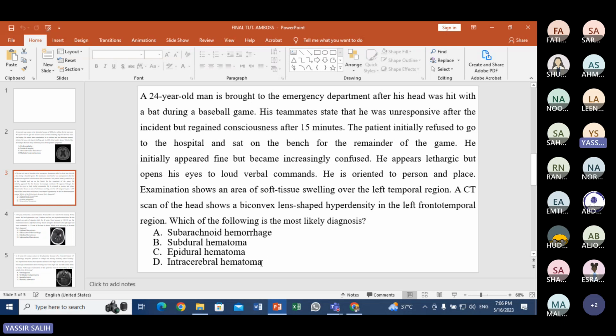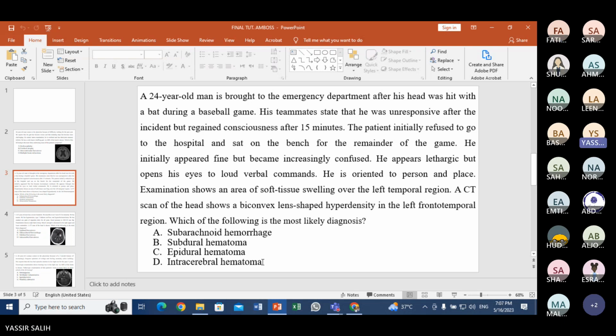And what is the appearance of intracerebral hematoma on CT? Hypodense edema. The edema is hypodense, right, but we are concerned about the blood.